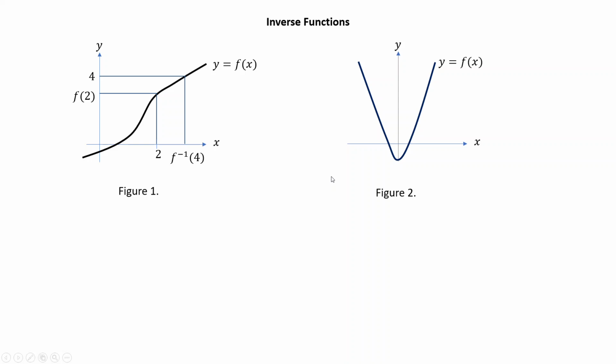Oh, big deal, man. You do the same thing. You go to a y value of 4, draw a horizontal line, see where that horizontal line cuts the graph. Uh-oh. The horizontal line cuts the graph at 2 different points. So, is f inverse of 4 in this case the one on the left, or the one on the right, or is it both? Or you could say, why not just make it both?